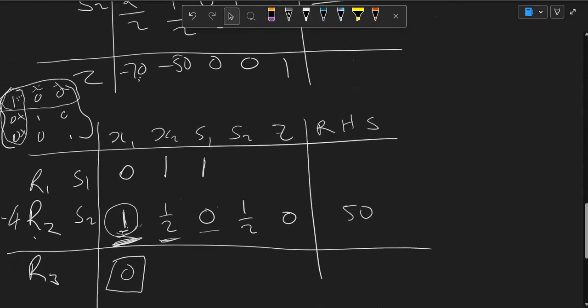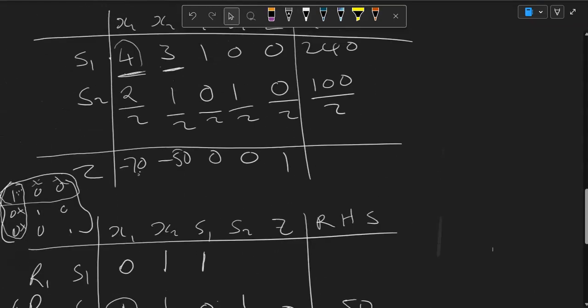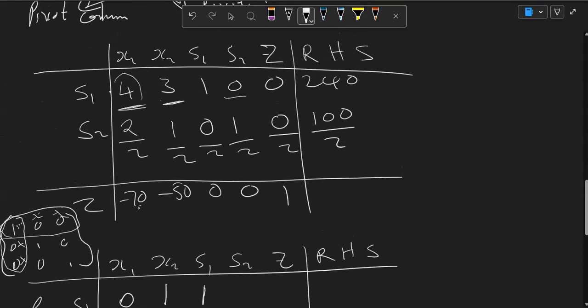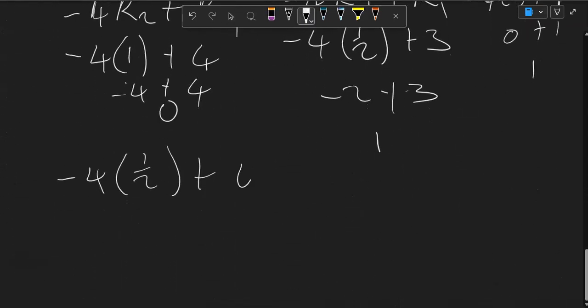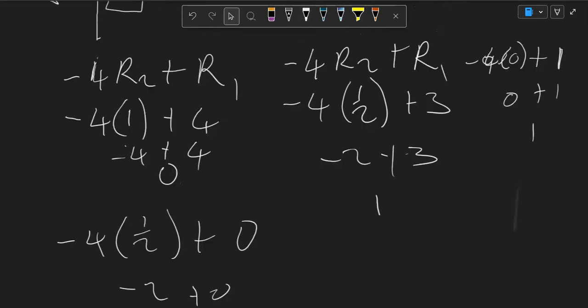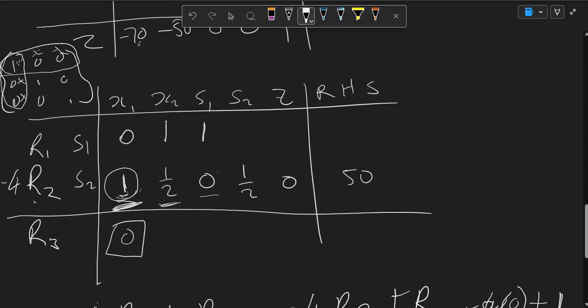What is the value of row 1 where there's half? There's a 0 here. I'm sure we can see it. So let us put the value there of 0. So we have -4 multiplied by half is -2 plus 0. So that will remain as -2. So we put a -2 there.